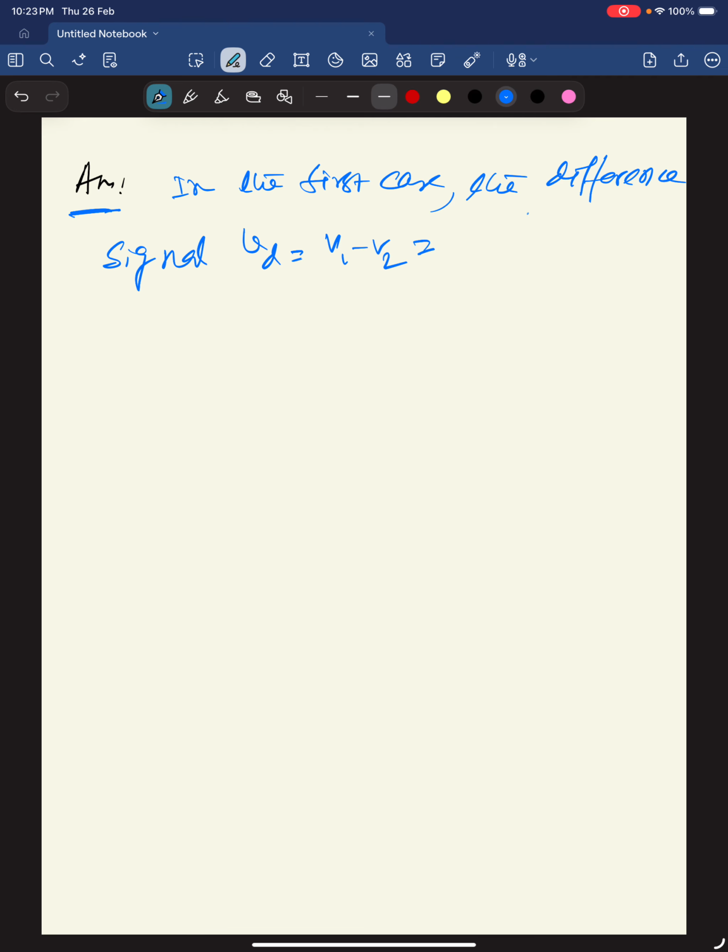So 40 minus minus 40, that is 80 microvolt.